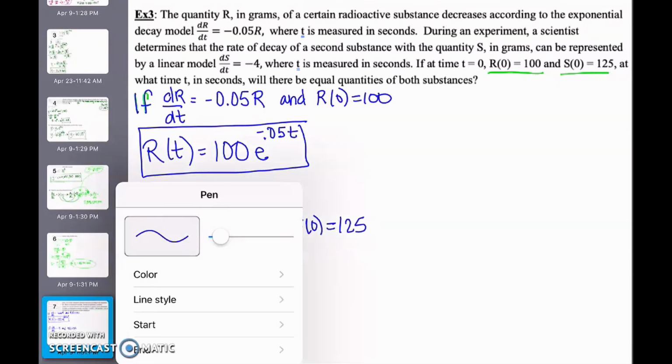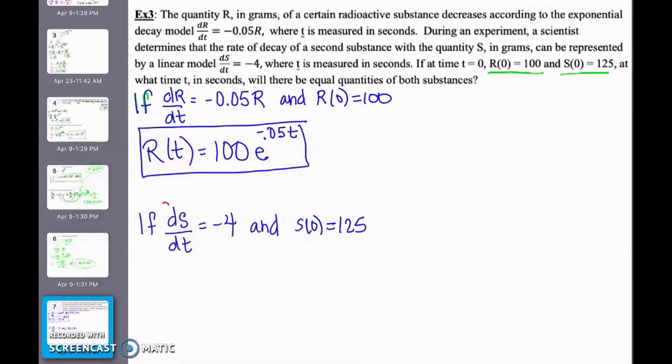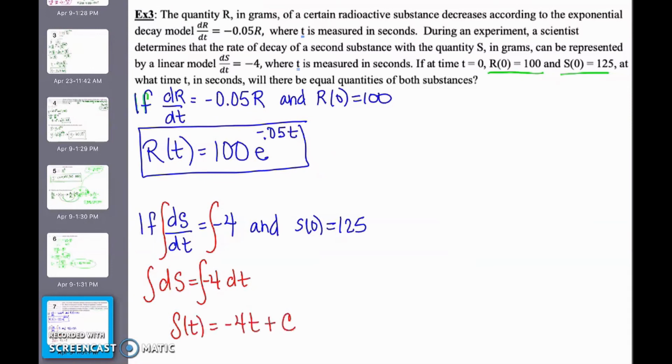If I integrate, sorry, I should separate first, my apologies. So dS is equal to -4 dt. Then S of t is going to be equal to -4t plus c. But if this is my initial condition, then that's my c value. So S of t is equal to -4t plus 125.